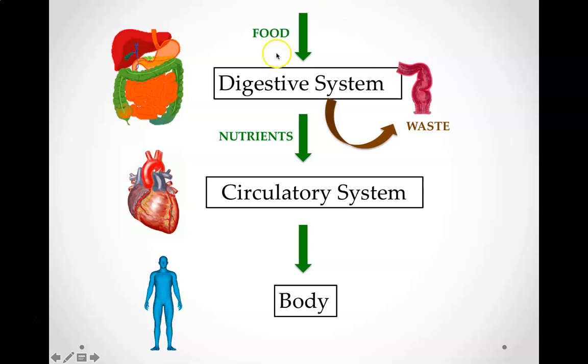So first of all, we're bringing food into the digestive system. The digestive system is going to separate the nutrients from the waste. We're going to be expelling the waste, and then those nutrients get passed on to our circulatory system, our bloodstream, that brings all those nutrients to our body cells. So that's really the zoomed out version. Let's start to zoom in a little bit more.